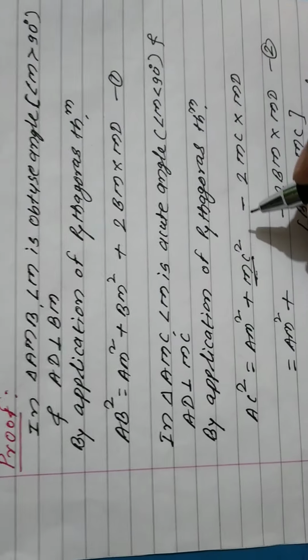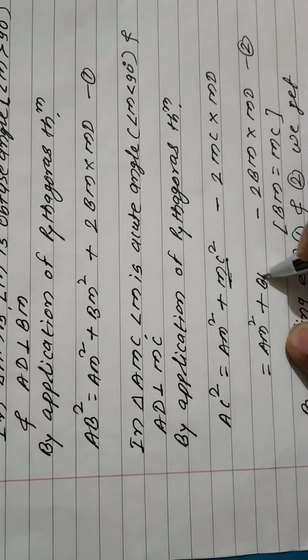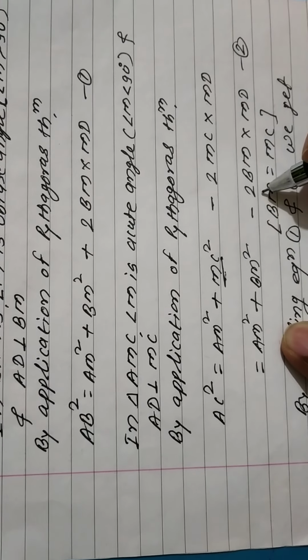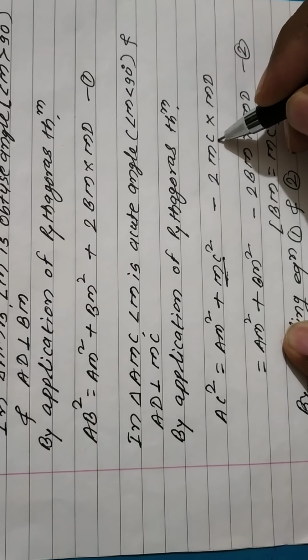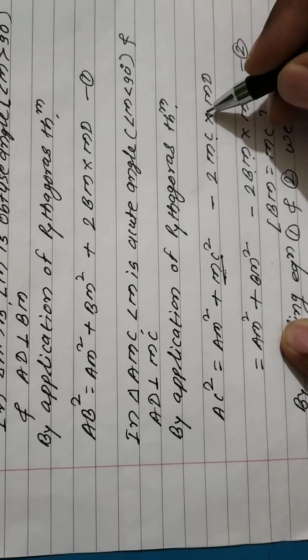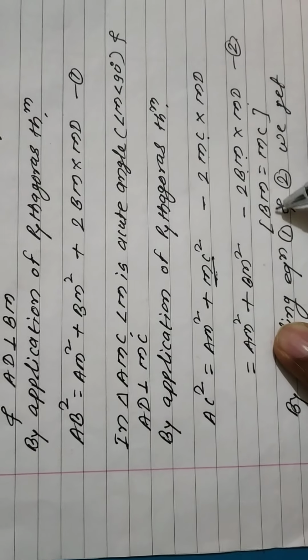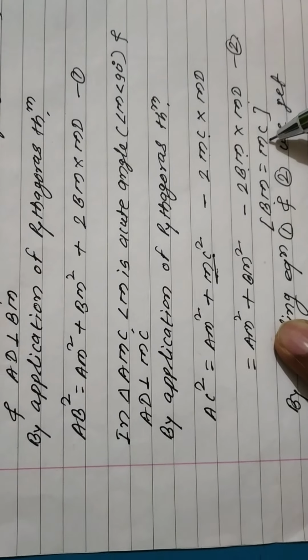Hence BM square minus 2 as it is, BM into MD. Equation 2. Reason: BM is equal to MC.